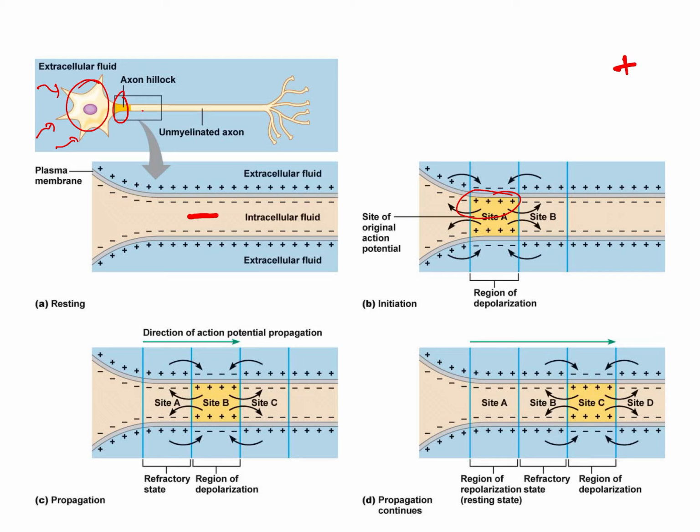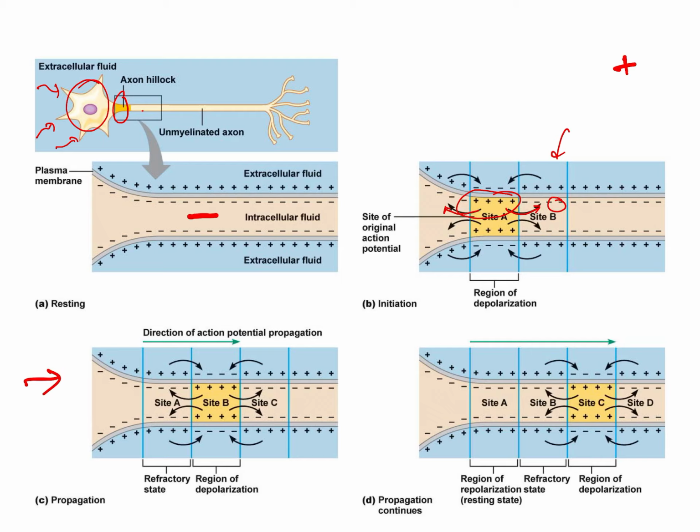Because of diffusion, these cations will diffuse into nearby sites, both to the left and to the right. As they diffuse to the right, the local electrical potential here also becomes depolarized, and this is visible in this image here. As it slowly becomes depolarized, some sodium channels open, which leads to a further flow of sodium in this region of the neuron.